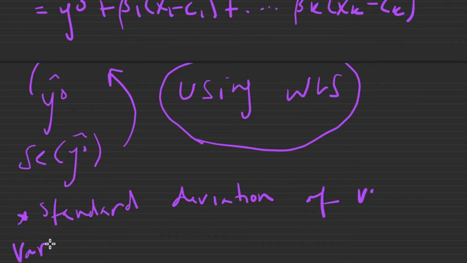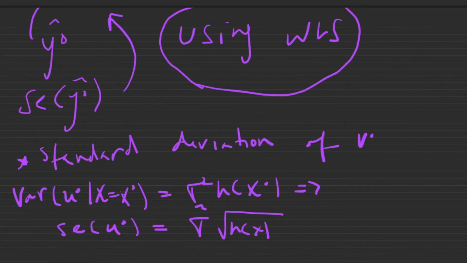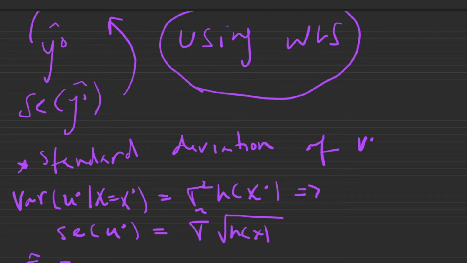Observe that the variance of u0 for x equals x0, the values of c, is equal to sigma squared h of x0, which implies that the standard error of u0 is equal to sigma hat times the square root of h of x0, where sigma hat is the standard error of the regression.